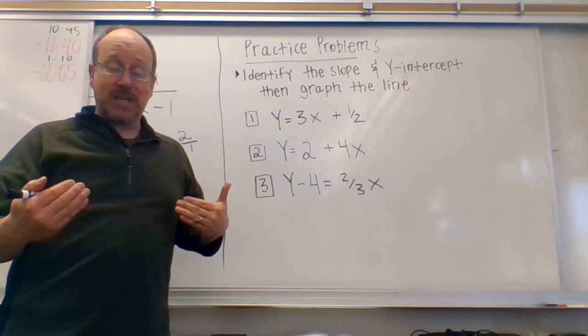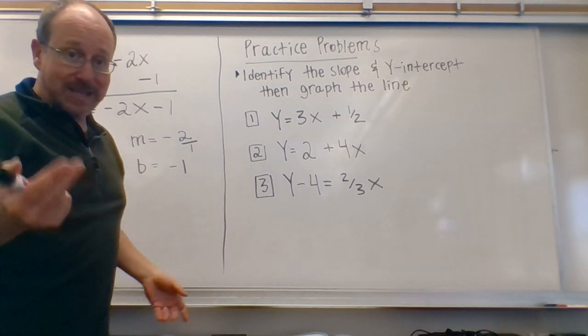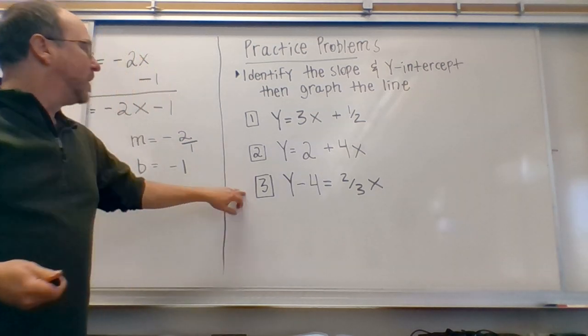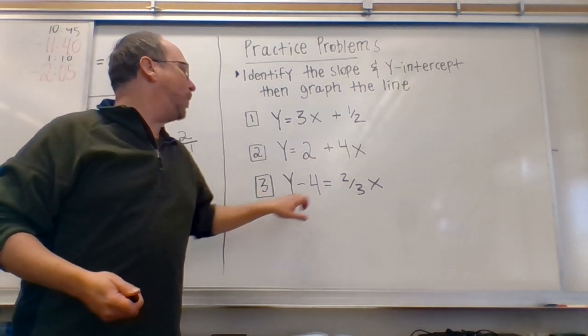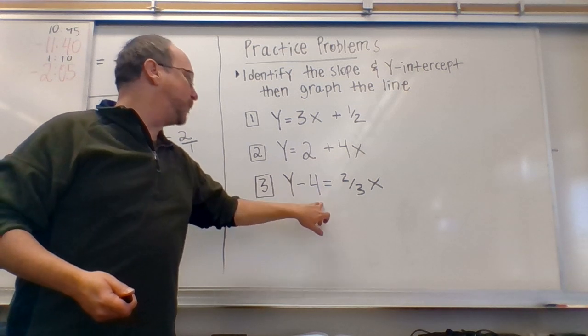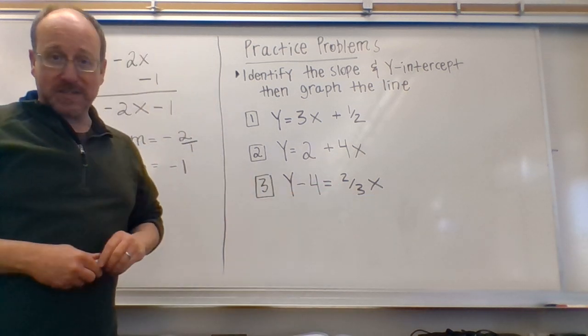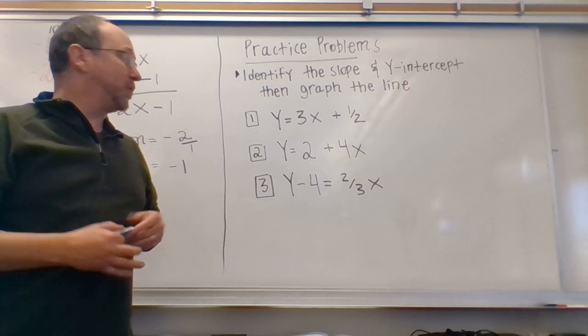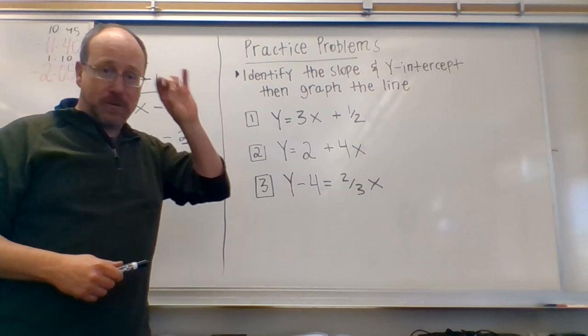Don't be rigid in your thinking. Remember what the slope-intercept form looks like and make sure it is in that form. Number 3, y minus 4 equals 2/3 x. Clearly not in slope-intercept form. So do your work there and find the slope, find the y-intercept, graph the line.